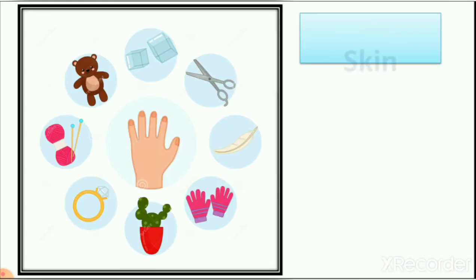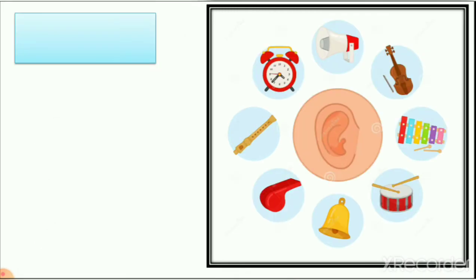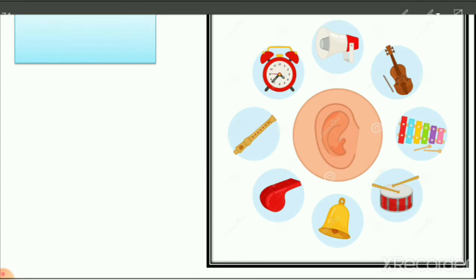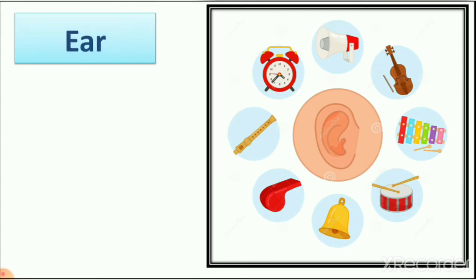Then skin helps us to feel and touch, like ice is very cold, scissor is very sharp, teddy bear is very soft. Ears help us to identify different kinds of voice, right? So bell's voice, alarm voice, mic voice, teacher's voice, mother's voice, right?